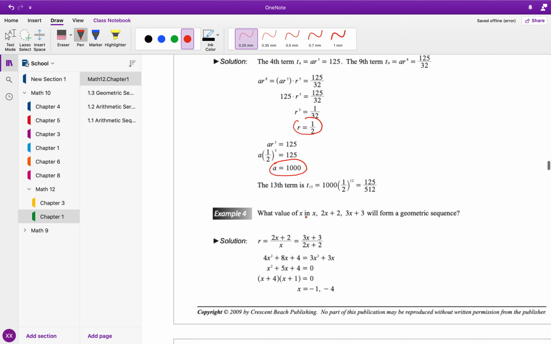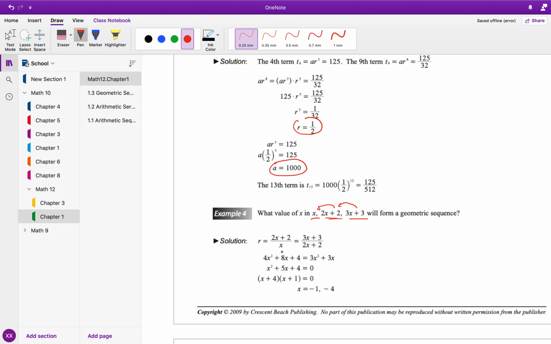Now this question might be a little more interesting. It asks what value of x could make these terms form a geometric sequence. By definition, if they are a geometric sequence, this divided by that should equal this divided by this term.